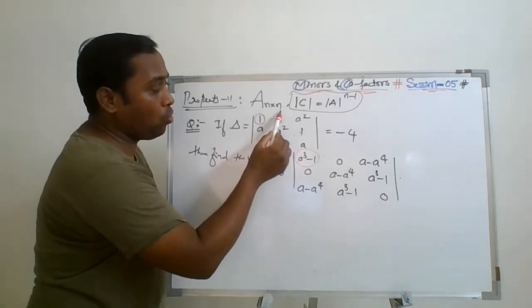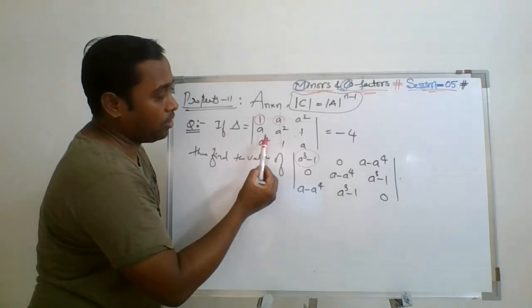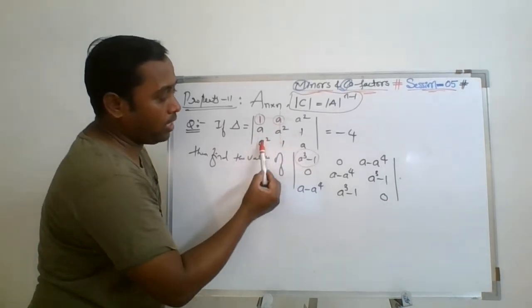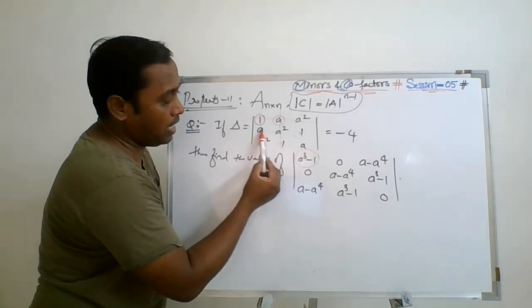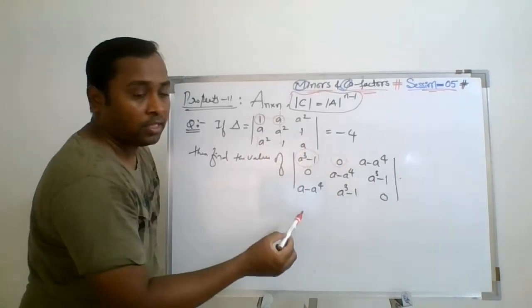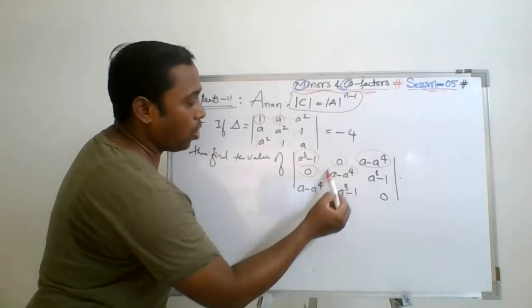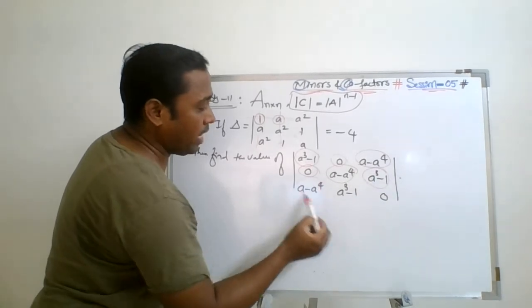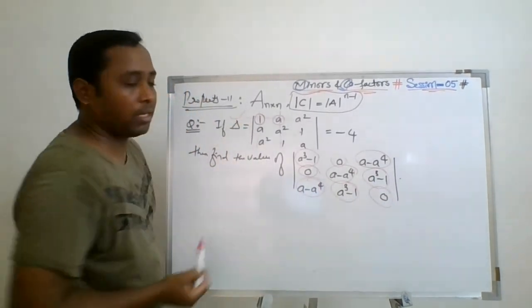Similarly, if I want to find the cofactor of a, that is the second element, this would be a, 1, a square, 1. So by cross multiplying, a square minus a square, that is 0. So basically these are the cofactors of each element given in the determinant.